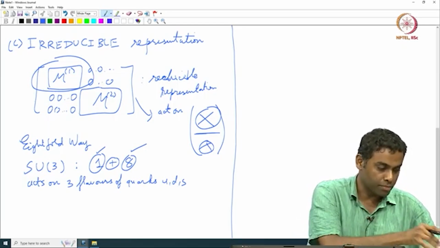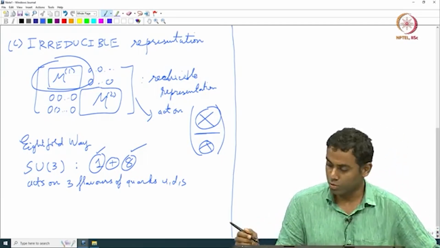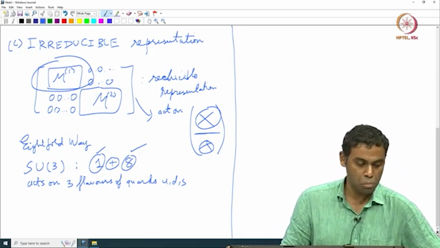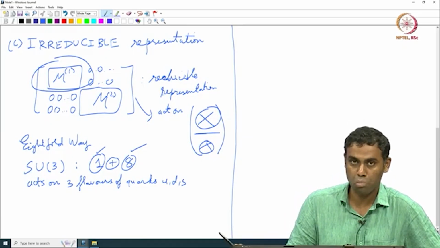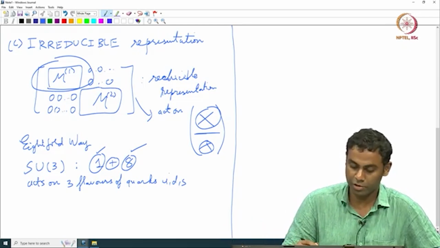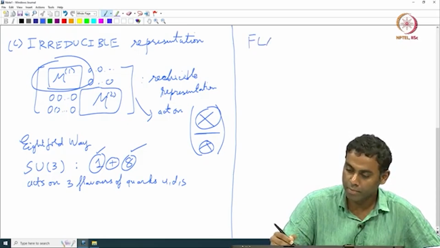Now, let us move on to yet another very important concept that makes use of group symmetries and so on. Okay. So, we just touched on the eightfold way, we saw there were some symmetries involving flavor. Let us take this one step further. Okay.